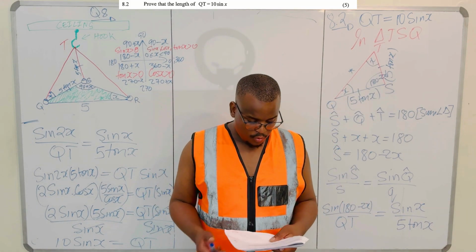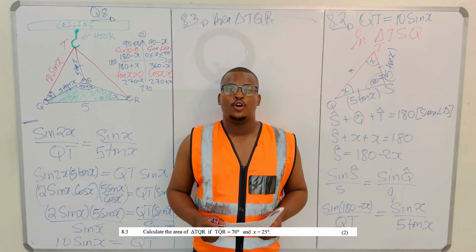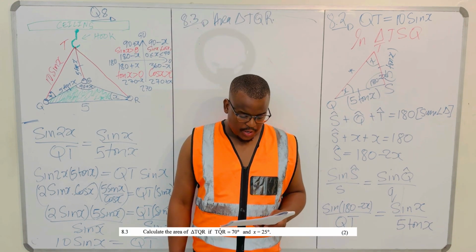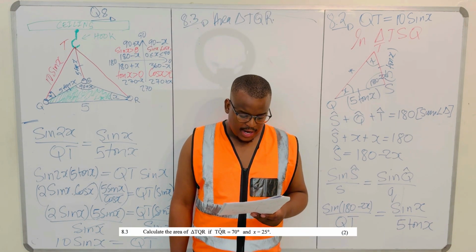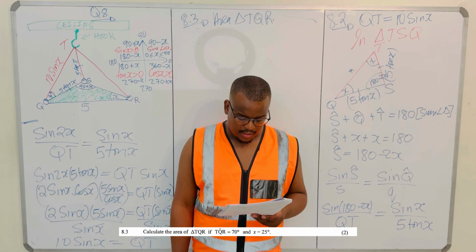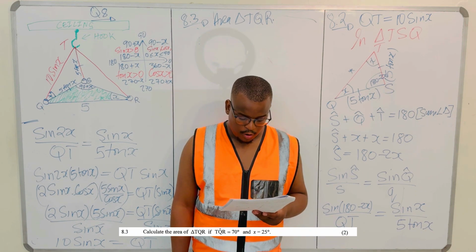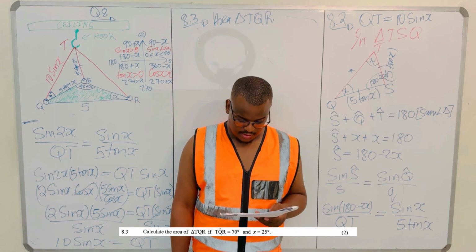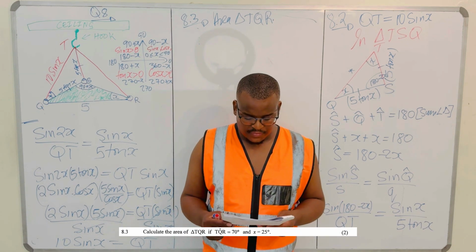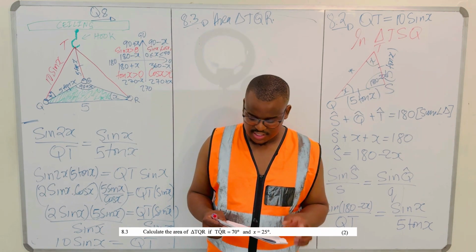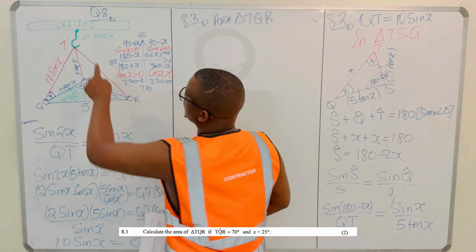No problem. Now we're going to go to the last question, 8.3. So they are saying, calculate the area of triangle TQR if angle Q of TQR is 70 degrees and x is 25 degrees, right? So they want us to find the area of triangle TQR. Which triangle is that?